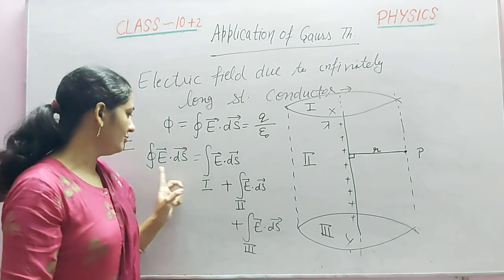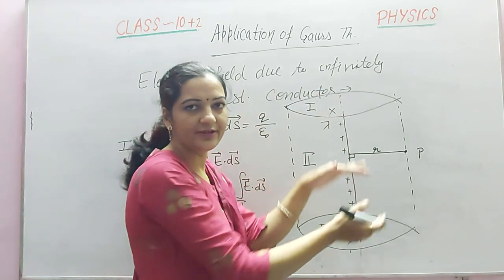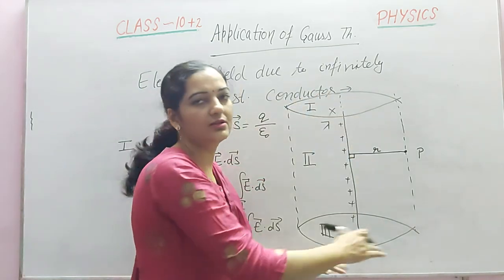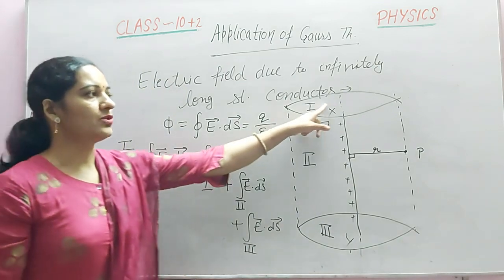Clear? Now I have not used the closed sign here because these are different parts of the whole closed surface. Clear to you? Now E dot ds in case of 1.